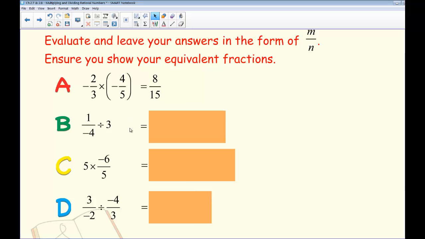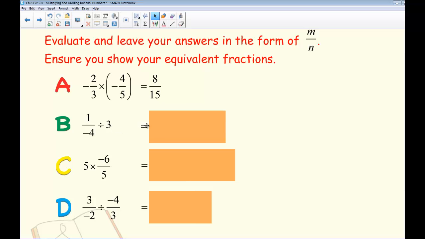In question B, you have negative 1/4, even though it's written as 1 over negative 4, it's equivalent to negative 1/4. Now, this one's a division question, so as you may recall, to divide fractions, you need to invert the second value and change it into a multiplication question.